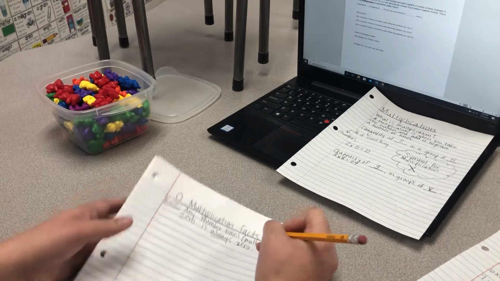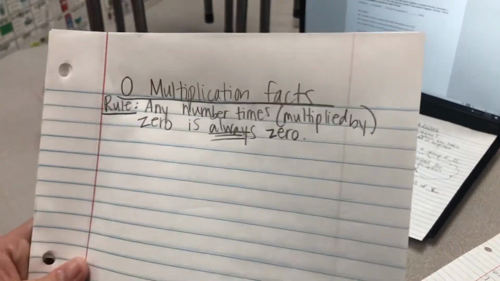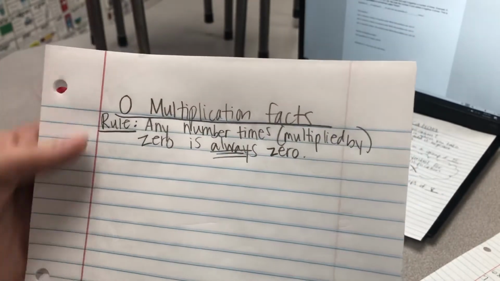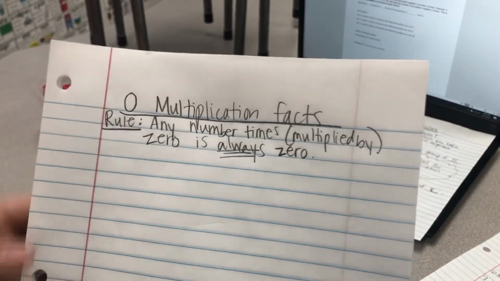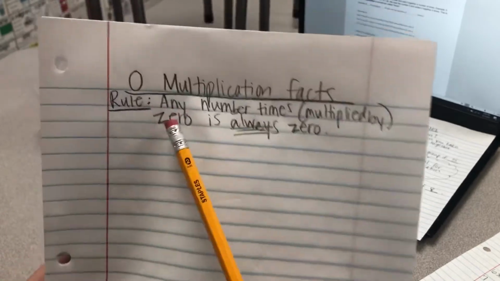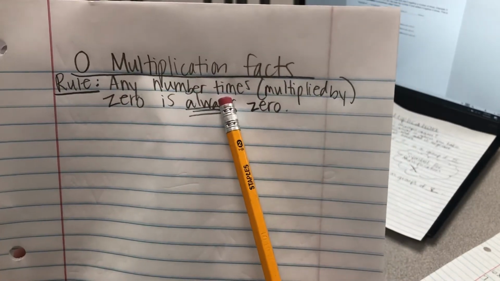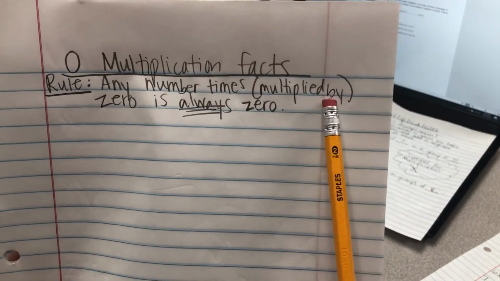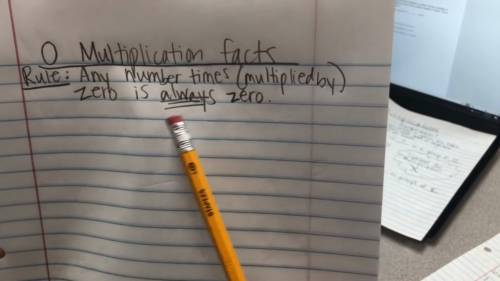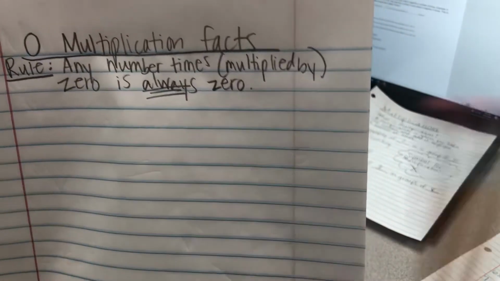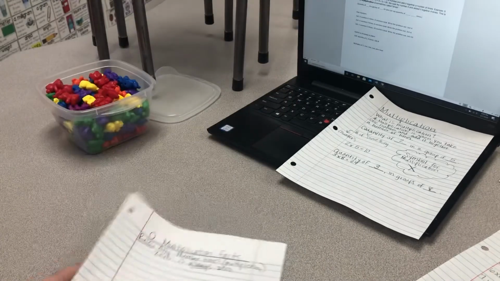I'm going to pull this up to the camera so y'all can see, and just pause it at home so you can write this down. So our title is 0 multiplication facts, and our rule is any number times, which means multiplied by, 0 is always 0. Okay, that's our rule.